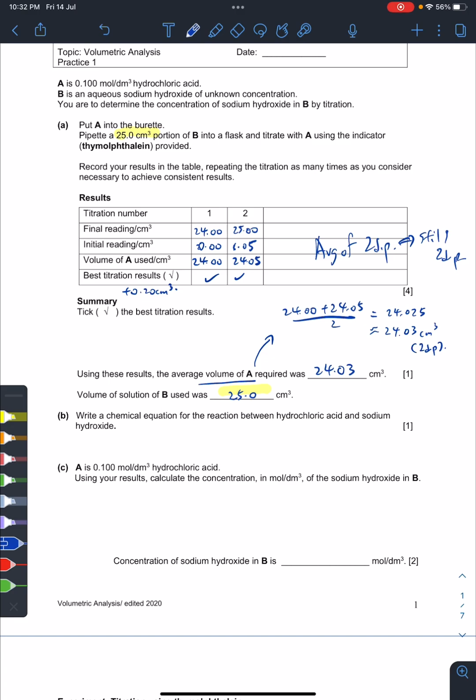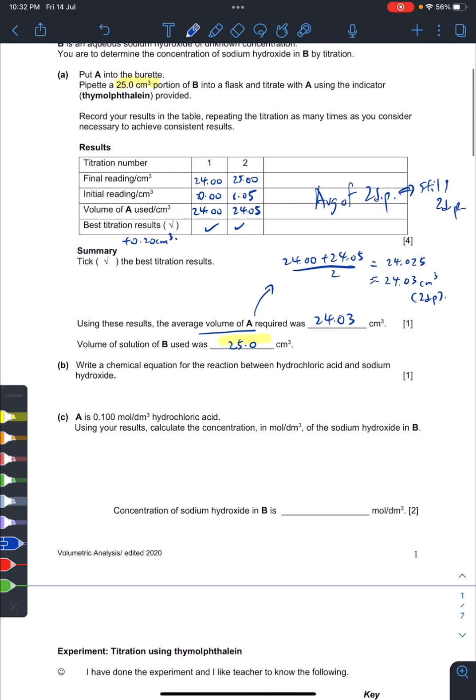So the first equation that we learn here is actually acid plus base gives you a salt plus water. Acid, isn't the acid just HCl? You are right. And if you recall, HCl is actually just H plus and Cl minus.